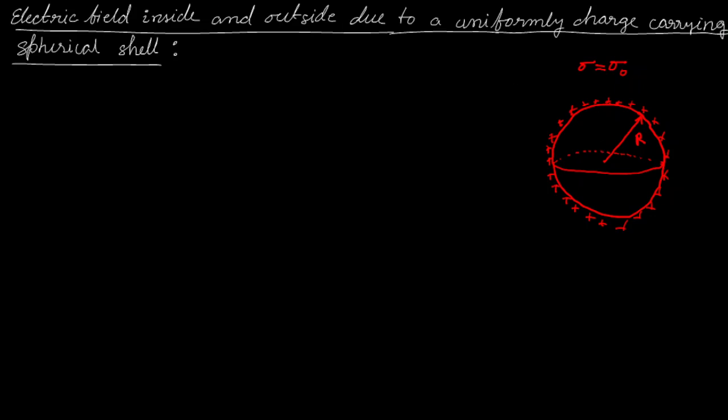Now in order to calculate electric field using Gauss law, what do we have to do? First we have to consider a point in the region where we are interested in calculating electric field. In this case, first we want to calculate electric field inside this spherical shell. So for that, consider a point inside the spherical shell. Let's say this is the point. We want to calculate electric field at this point.